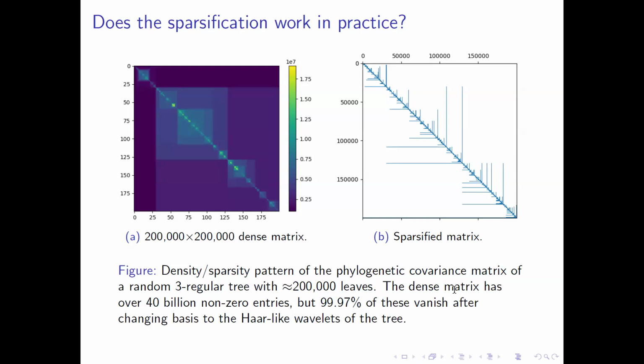But by changing basis to the Haar-like wavelets, we can represent it with only 0.03% of that number of values. In fact, the matrix itself couldn't even really be stored in computer memory except maybe in exceptional cases. And this image was only produced by creating a downsampled version of the dense matrix from its sparsified form.